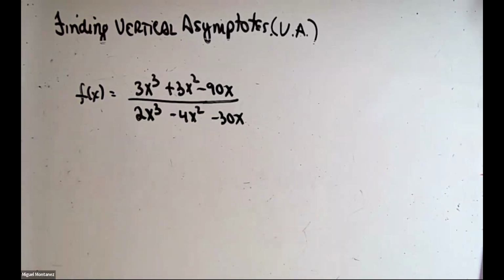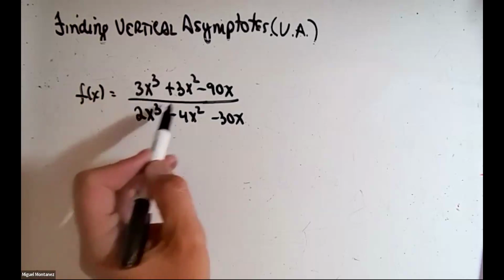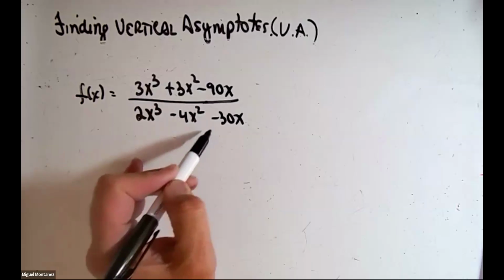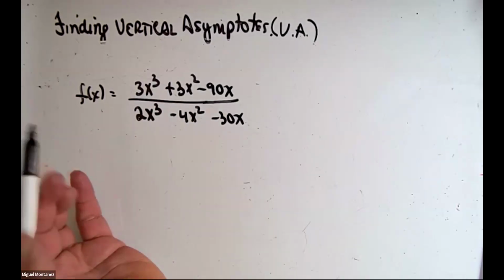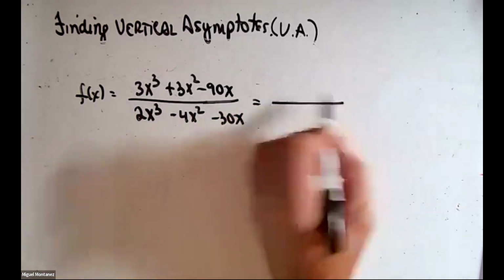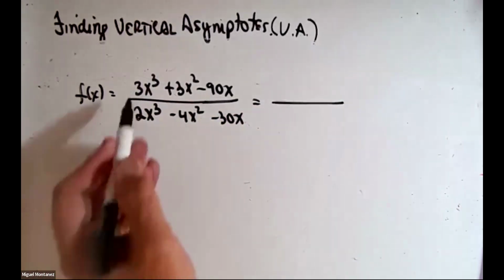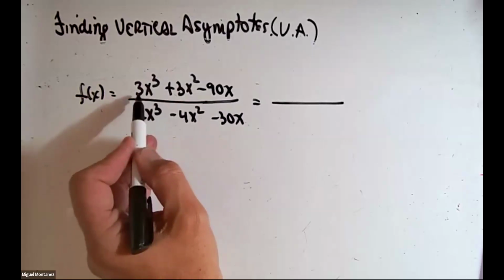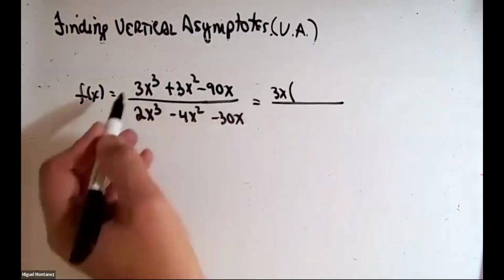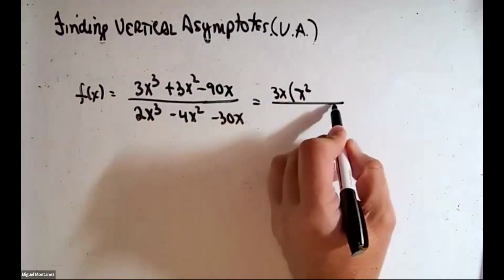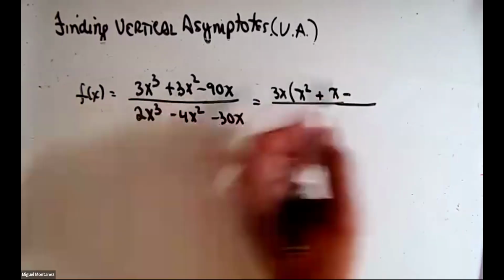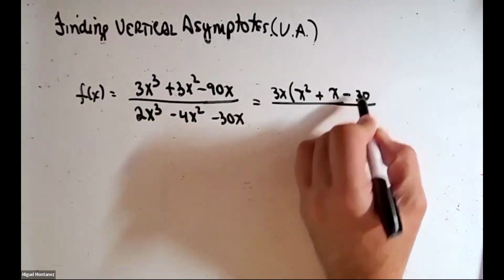One last example, what if I have the following function, 3x cubed plus 3x squared minus 90x over 2x cubed minus 4x squared minus 30x. We have to factor, of course, the greatest common factor in the numerator, 3 and x, so it will be 3x times x squared plus x minus 30.